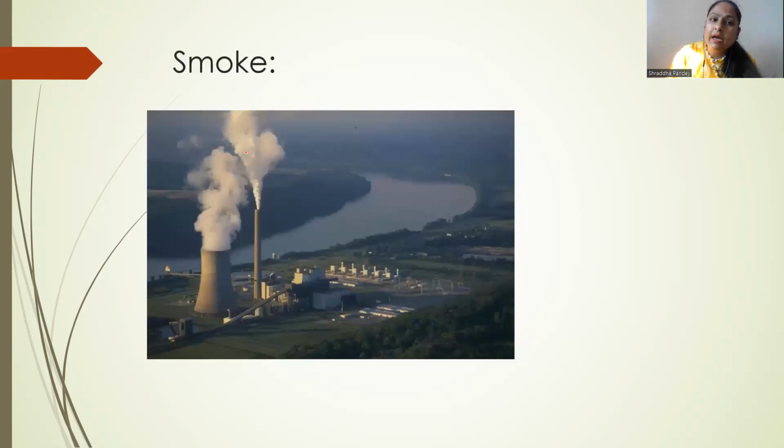Now, another thing present in air is smoke. There is burning of fossil fuel, and many chemicals are produced in the industries, so gases are produced. These gases are released from the industry through the chimney into the surrounding air.